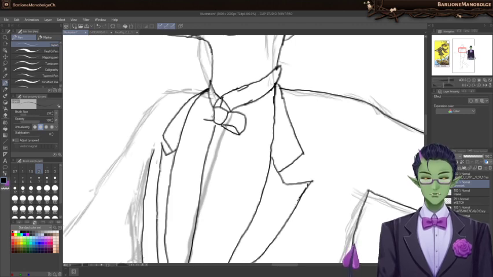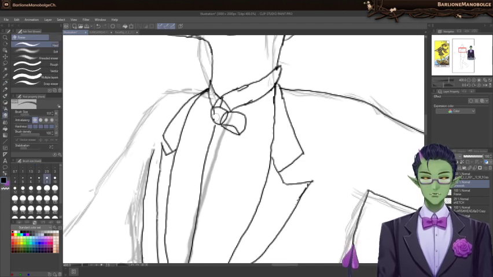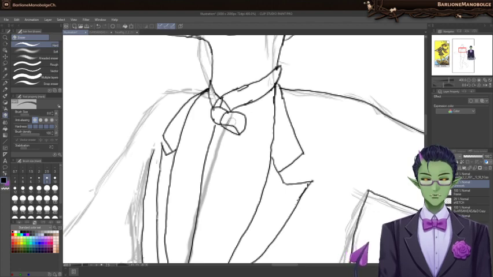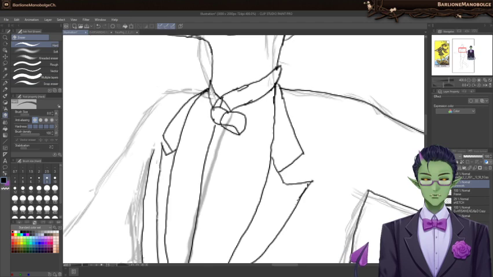I think if I were to curve these lines in opposite directions, like this, I noticed just now that the lines are slightly curved. So if I do it like that, there we go. That's looking a lot better.